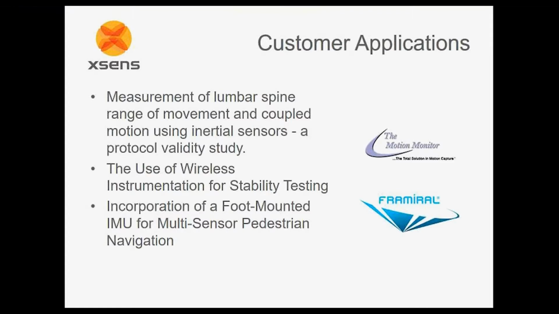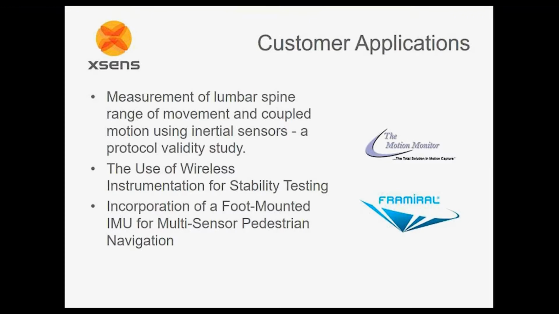And so a couple of customer applications in terms of using the Xsens development kit. There are a couple of papers listed on here: Measurement of lumbar spine, range of movement, and coupled motion using inertial sensors, protocol validity study; The use of wireless instrumentation for stability testing; and Incorporation of a foot-mounted IMU for multi-sensor pedestrian navigation.